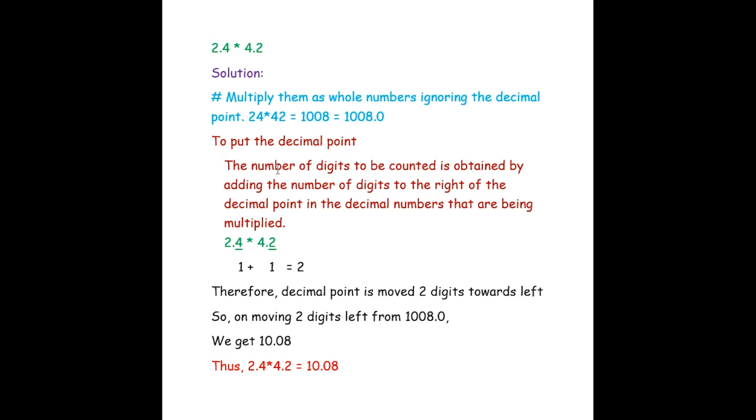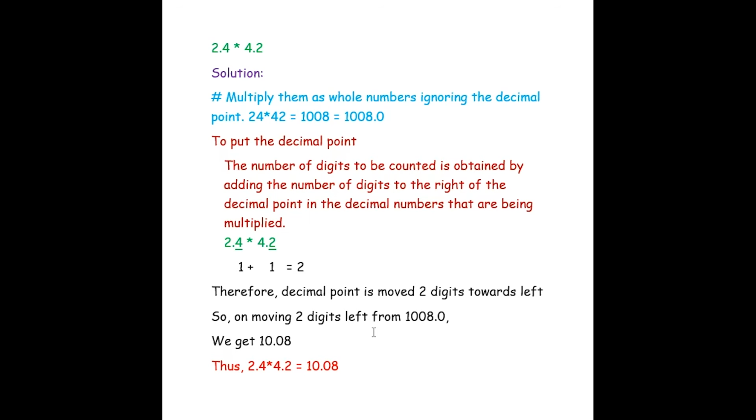Next step, we want to place the decimal point correctly. How will we do that? First we count the number of digits after the decimal point in the given question. In 2.4 we have 1 digit, and in 4.2 we have 1 digit. So 1 plus 1, totally we have 2 digits. We want to move the decimal point 2 digits towards the left.